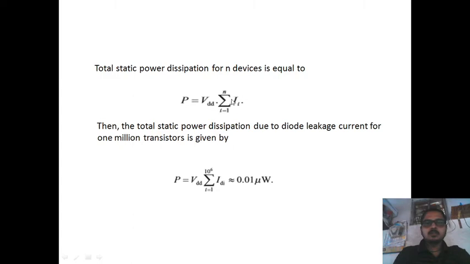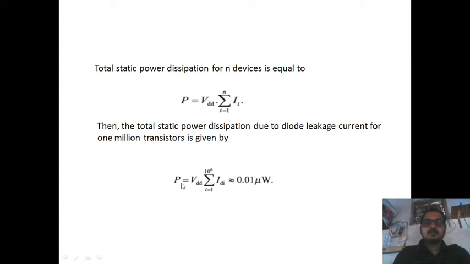The total static power dissipation due to diode leakage current for 1 million transistors is given by P equals VDD into I, where 1 million means 10 power 6 into I. The diode current I_D is approximately equal to 0.01 microwatts.